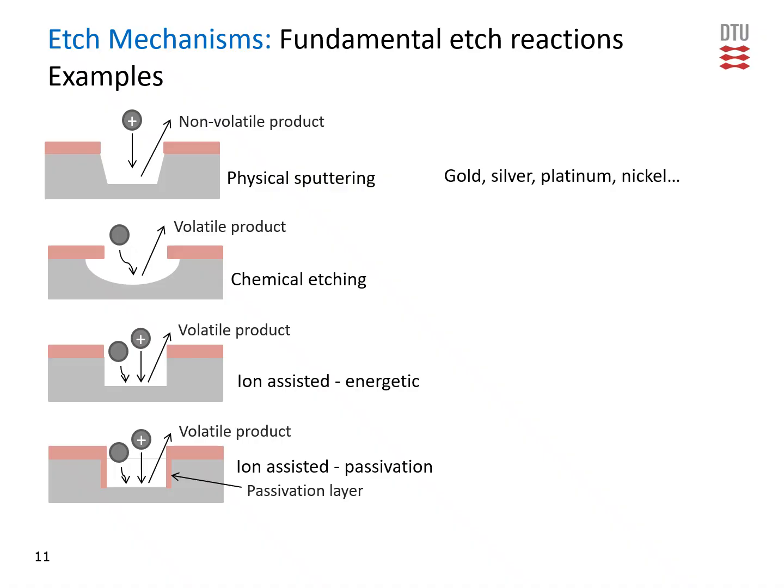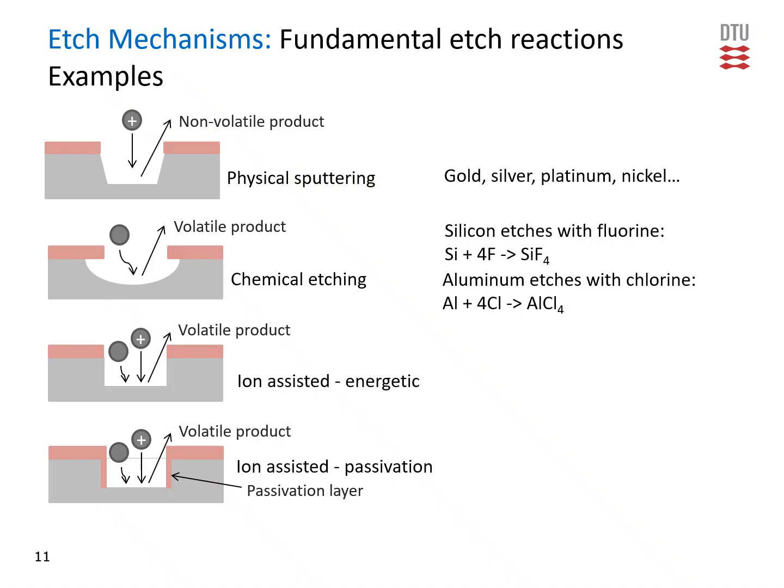I would like to give you some examples of when these mechanisms are dominating. If we take the physical sputtering, then when you are etching gold, silver, platinum, and nickel, and some other materials that do not form any volatile products with the etch gases, then you will only have physical sputtering.